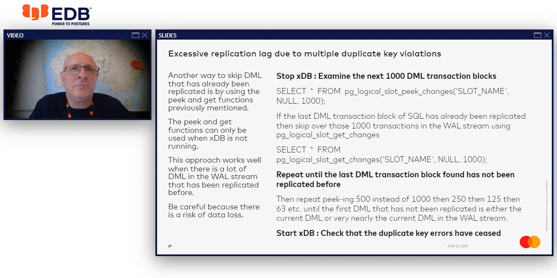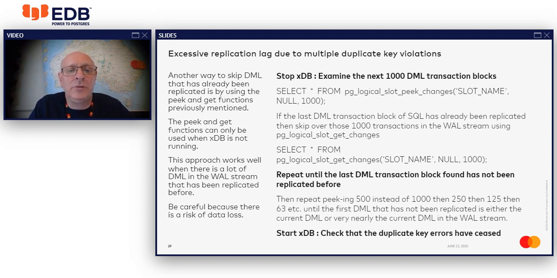Because you'll find, in your application, if there's a timestamp column on your tables, you can have a look at the most recent replicated value, and you can have a look at what the timestamp value is in the WAL stream. And if the WAL stream value is behind, then you know that you can discard these 1,000 items. And that can work quite well, in that you can skip through, say, 1,000 at a time, instead of slowly skipping through one at a time.